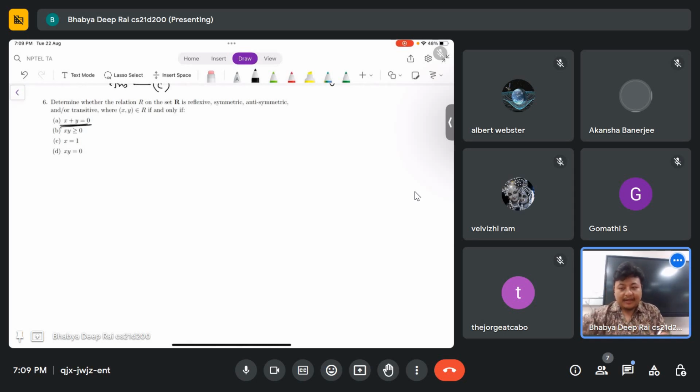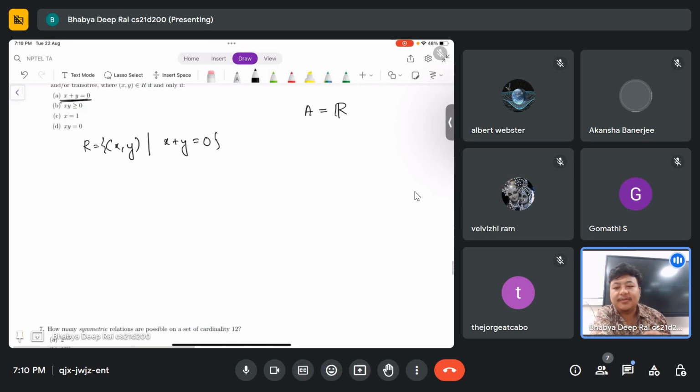So R contains all tuples such that x plus y is equal to 0. The set A is not mentioned here, so I'm just assuming it to be the set of real numbers.